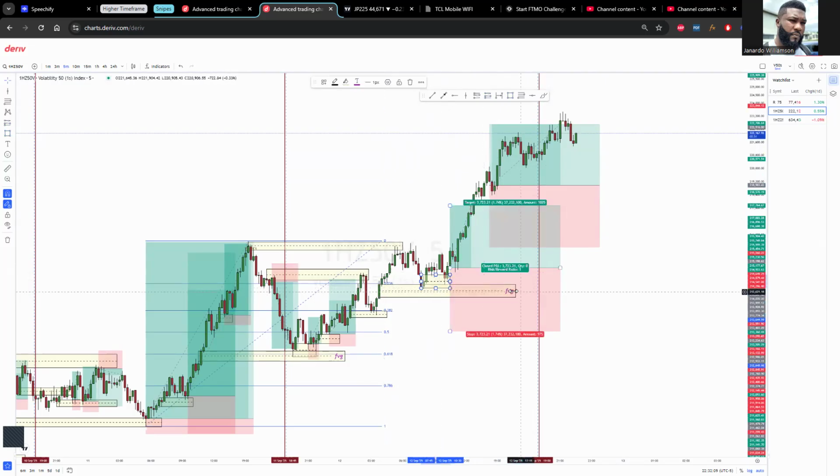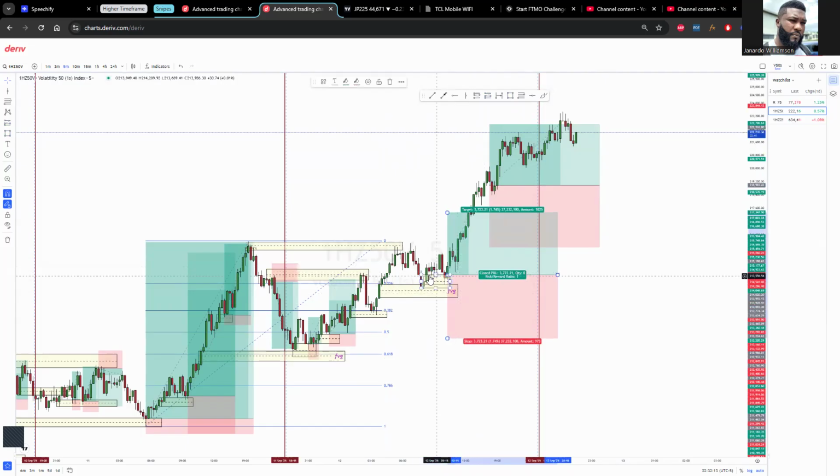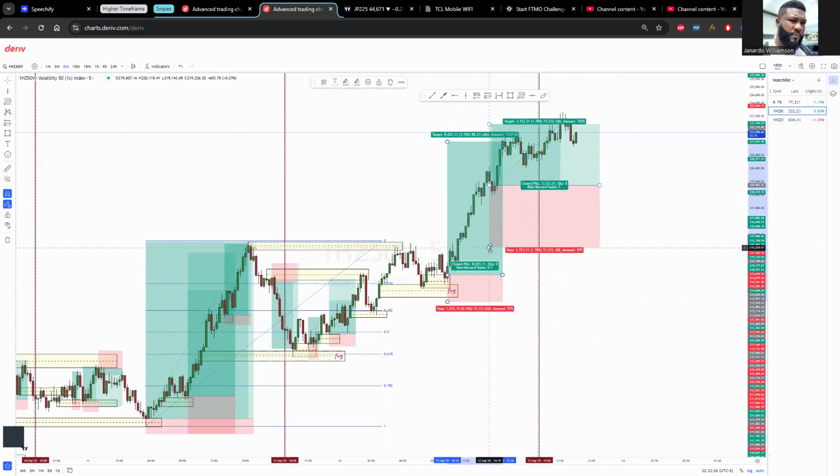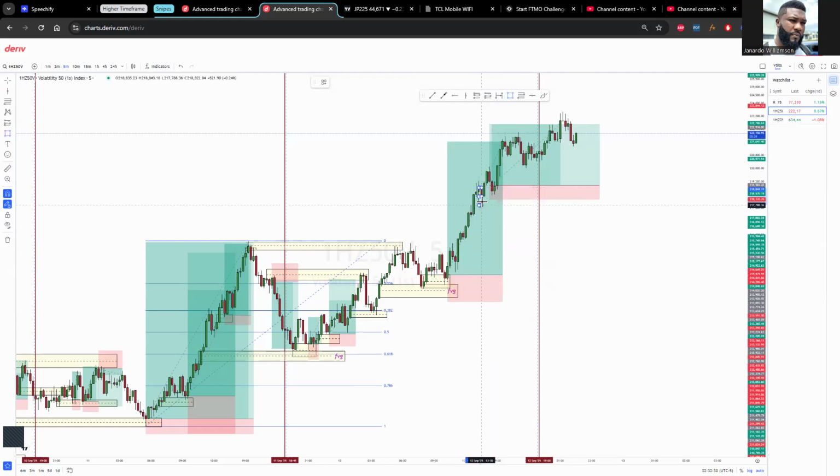So we came down to this fair value gap. I would use this as an entry. I would use this OB right here after we came back and tested it, and this would have given us a nice push up here. So this one here using this, and then now this one. We had this entry here late in the day.